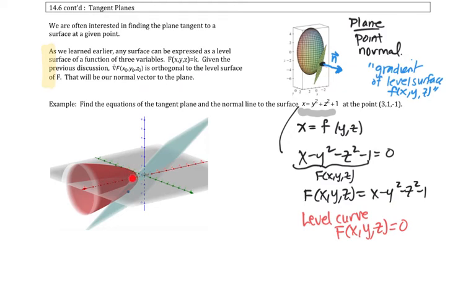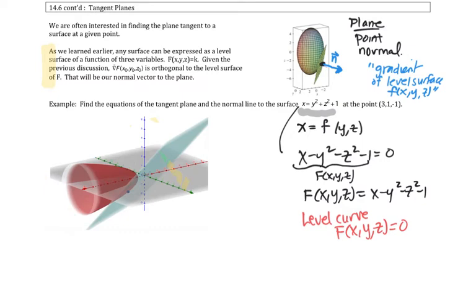This surface is a function of 2 variables. But if I think of it as a level surface of a function of 3 variables, that is, if I think of this as, excuse me, a set, there's this set of level surfaces out there, and that red one just happens to be one of them.